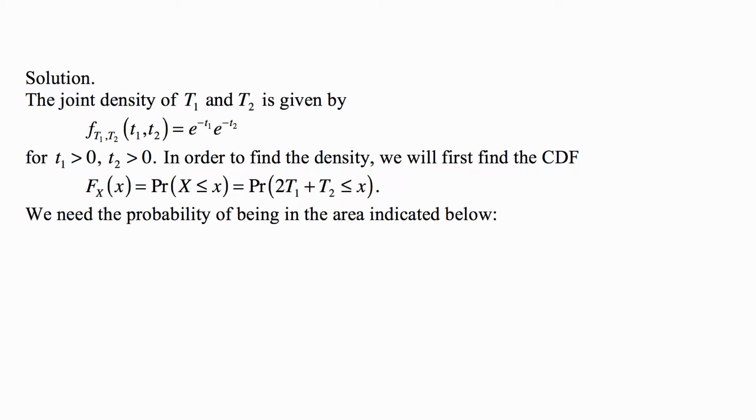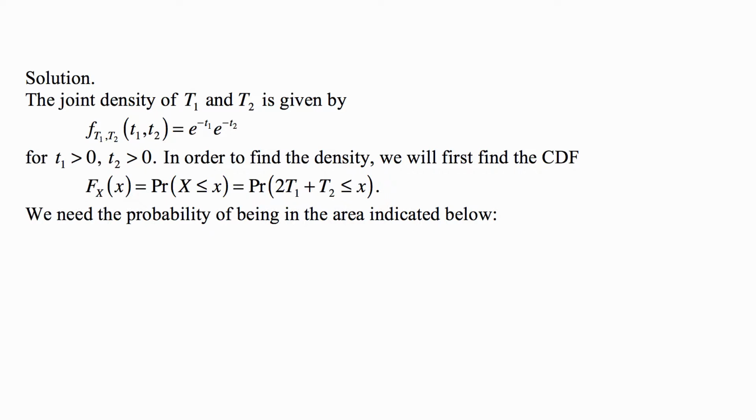And in order to find the density, we'll first find the CDF, F sub X of x, which is the probability that X is less than or equal to x, which is the same as the probability that 2T1 plus T2 is less than or equal to x, which we can figure out from the distribution of T1 and T2.